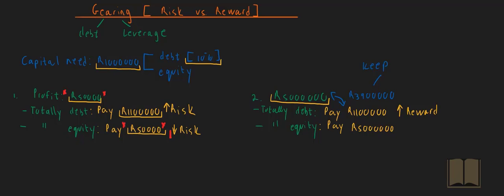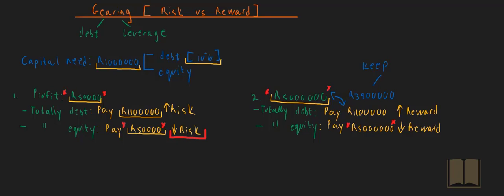So the risk is low. However, they also get to share in the upside potential. So if you make 5 million Rand, then they've got a claim to the 5 million Rand. So the rewards for you as the entrepreneur when you obtain equity financing is lower than if you get debt financing.